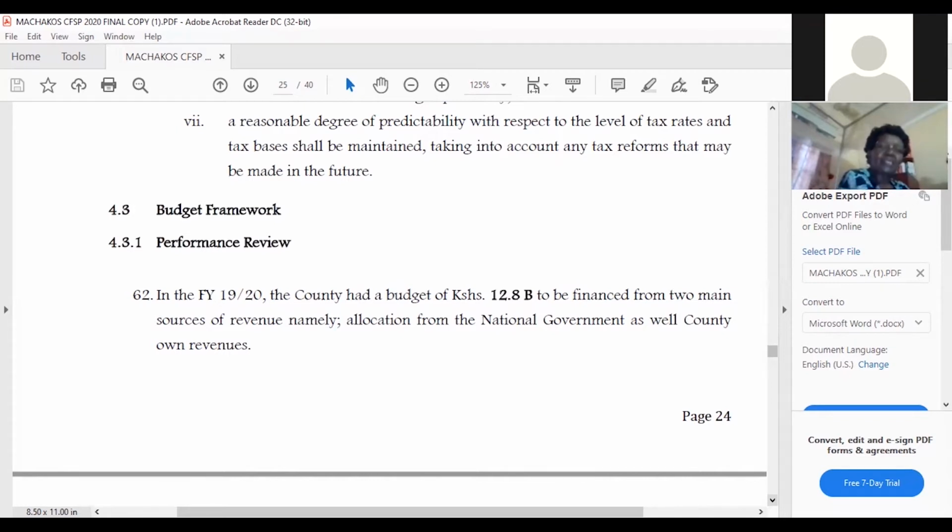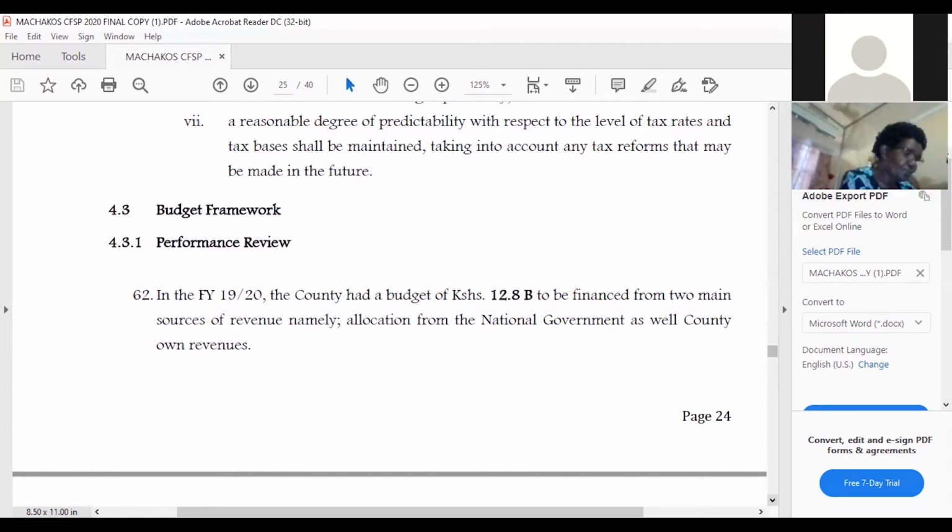So when the national government borrows, that money is part of the money that is also distributed to the counties as equitable share, as income for the county. But a county can't go to the same external donor like the UK or World Bank to borrow, because those go directly through the treasury, and once the treasury gets the money, it streams down to the counties.